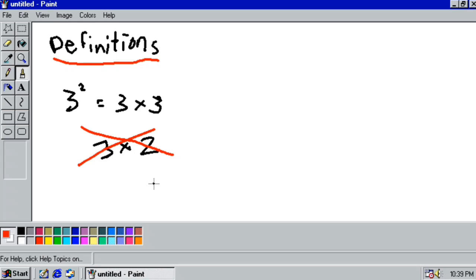We note that the order of operations is also a definition. Like for example, when we write 3 plus 4 times 5, we could mean to multiply first or to add first. Since we cannot have two different answers to the same problem, it is necessary to agree on the meaning of the notation.